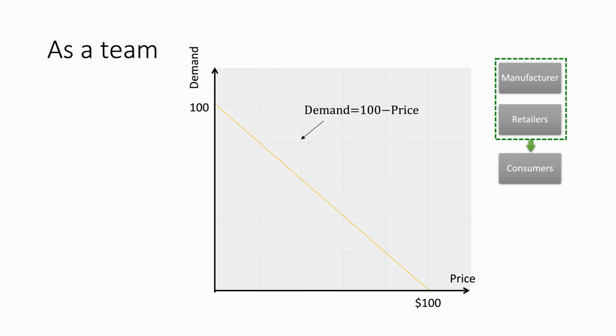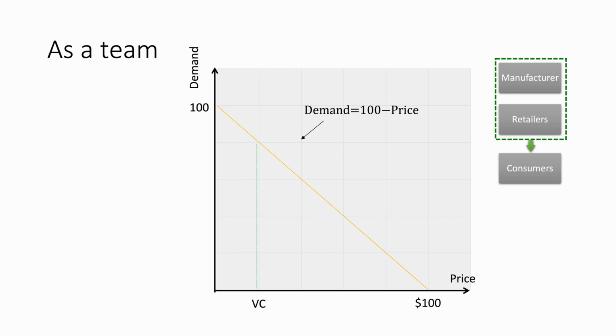Let's look at the illustration of what happens when they sell as a team. It's the same demand curve: demand equals 100 minus price. And the variable cost is $20. Now the question is, if the variable cost is $20, what is the optimal price?